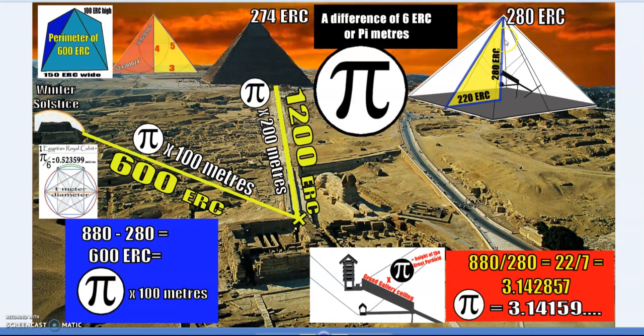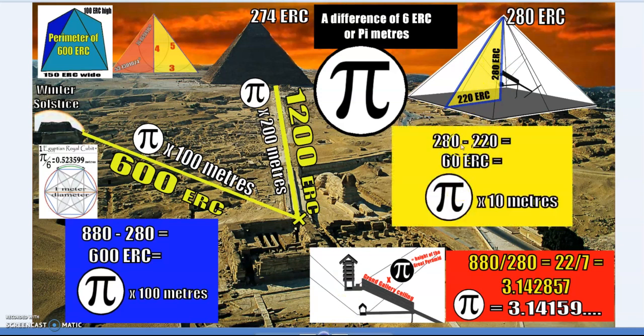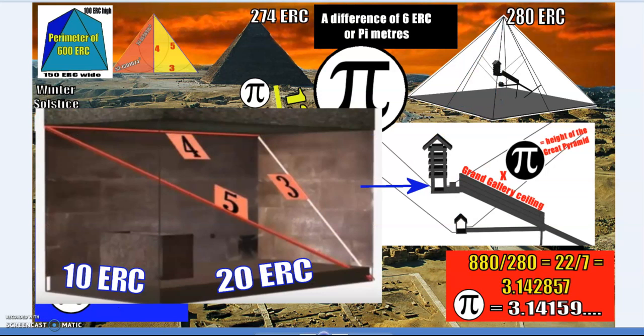Okay, so the height to the half base, 280 high, 220 half base, 280 minus 220, 60 Egyptian real cubits, pi times 10 meters. The measuring cord was divided into units of 10 Egyptian real cubits. So that's not a difficult thing using their technique of measurement.